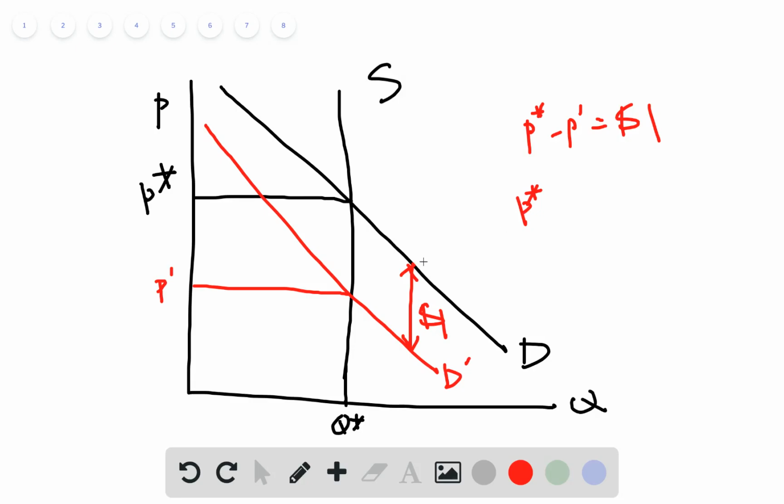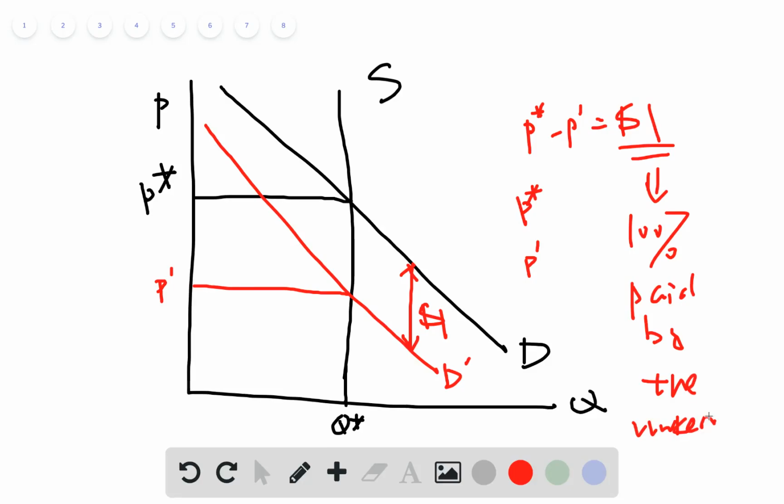But now, because of this tax, the new price that is given to the worker is only P prime. So basically, the difference between these two, P star and P prime, this $1, is 100% paid by the worker.